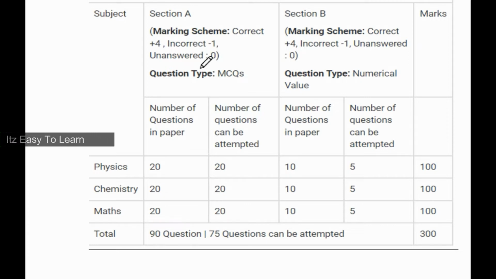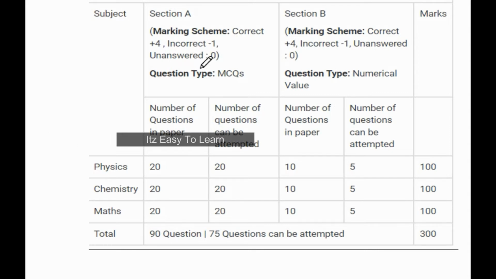There will be 20 questions for physics, 20 for chemistry, and 20 for maths. There are no compulsory questions. You can attempt all 20 or the number you want.